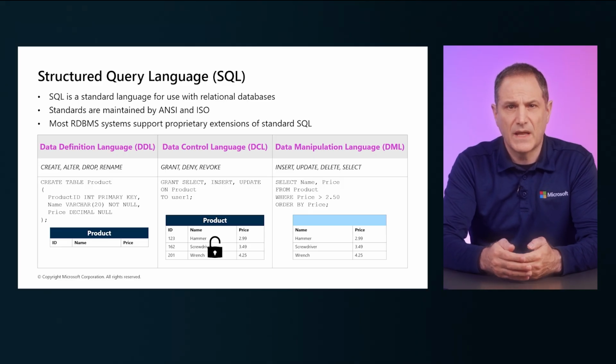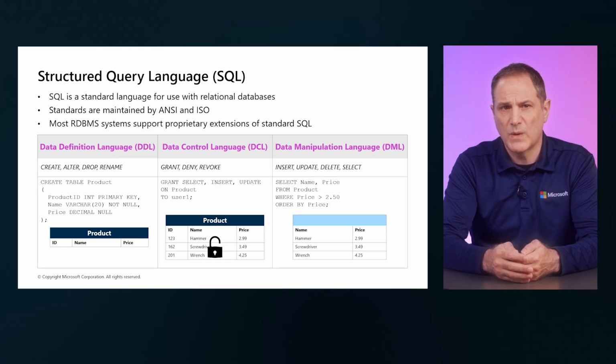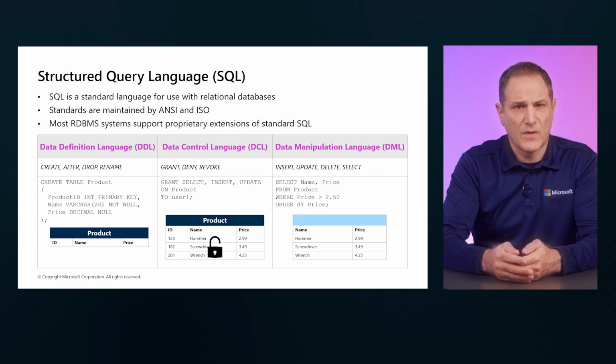It is a standard language used by relational databases to describe, manage, and work with data. SQL provides a consistent way to define how data is structured, control who can access it, and interact with the rows stored in a database table. While each database vendor might add its own extensions, the core concept is the same across systems.